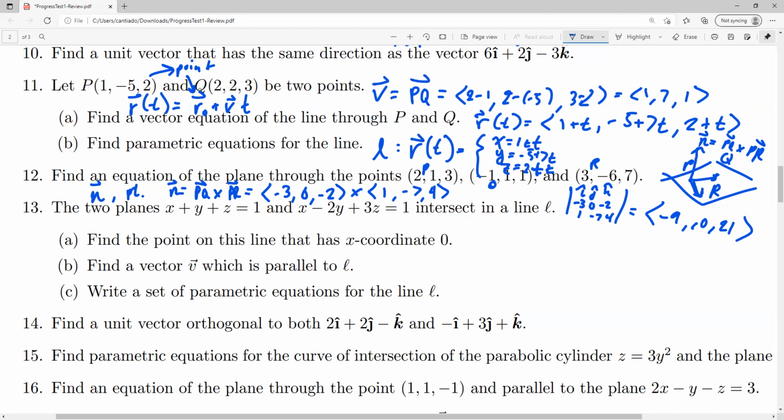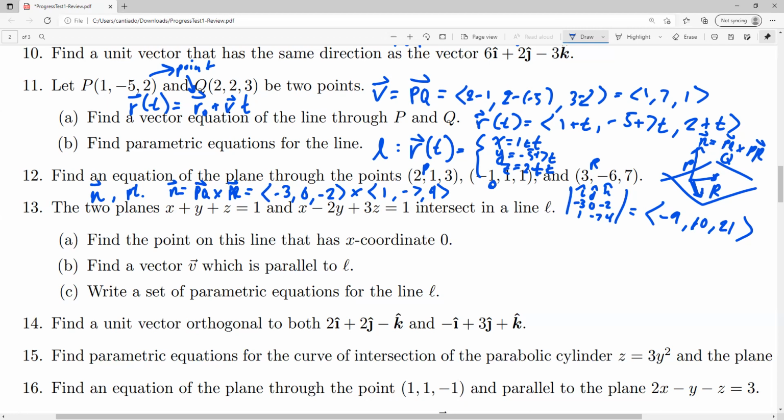Now that we have this, let me double check the answer sheet real quick, making sure I did my algebra correctly. They did PQ and PR as well, but instead of -9, they got -14.